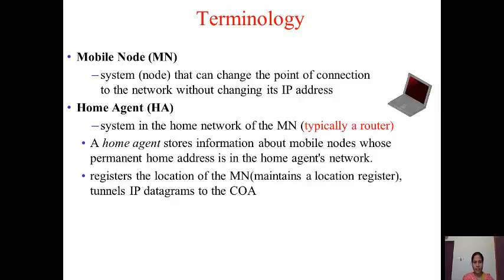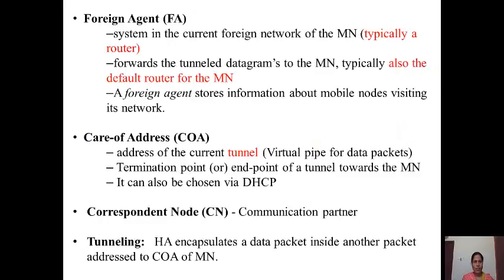Okay. So the next one is the foreign agent. This is the system that is in the current foreign network of the mobile node. This is also typically a router. And again, it forwards the tunnel datagrams to the mobile node, is also called the default router for the mobile node when it is in the foreign network, and stores the information about the mobile nodes that visit its network.